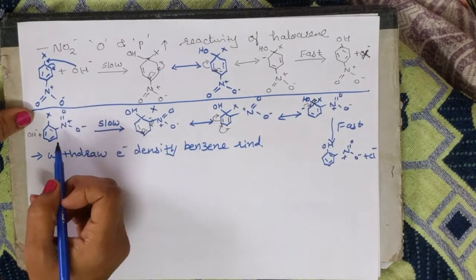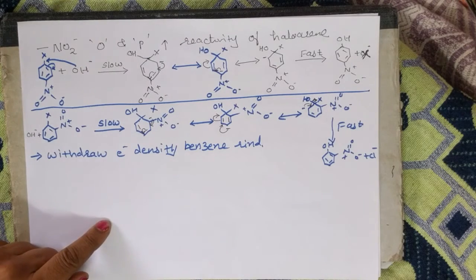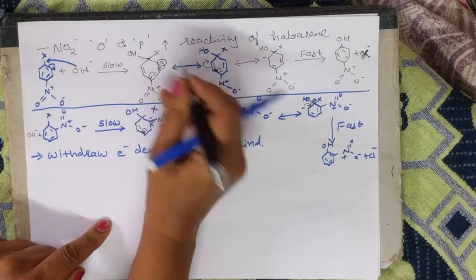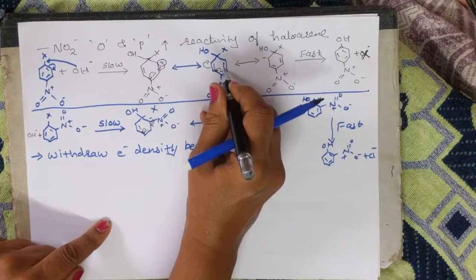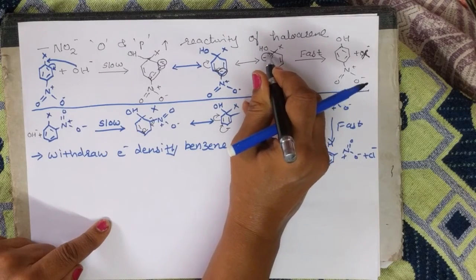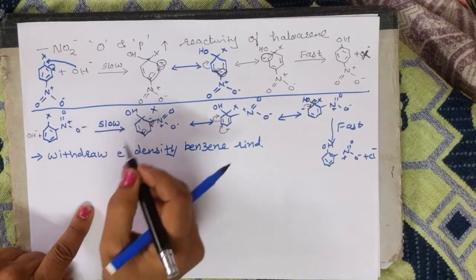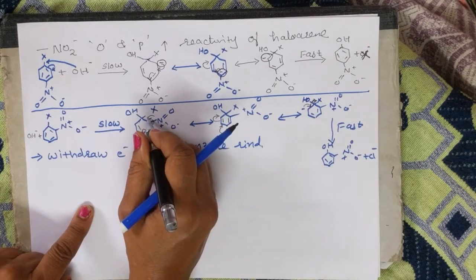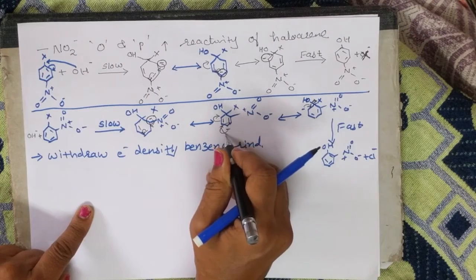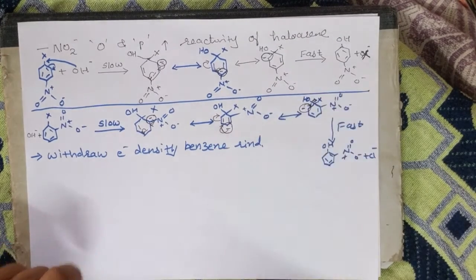Here you can see the negative charge occurs on the ortho and para positions. This was your ortho position, then here is your para position, and again here is your ortho position. In the same way, here the negative charge is on the ortho position, here on the para position, and again on the ortho position.